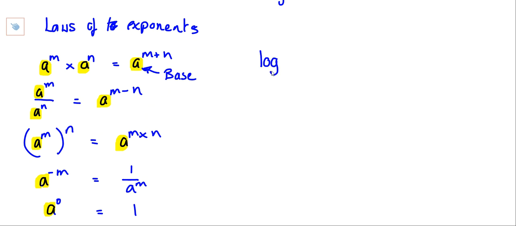Now, one of the laws, log to the base, I'm going to use other letters so not to confuse. So let's say log to the base a of x, plus log to the base a of y.